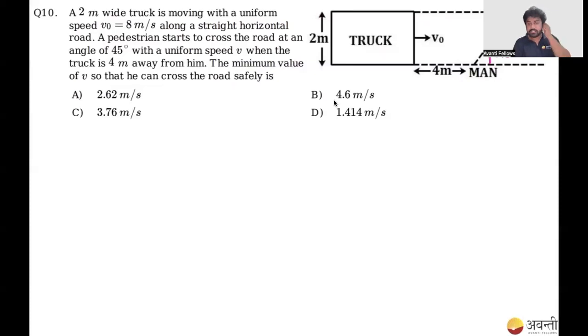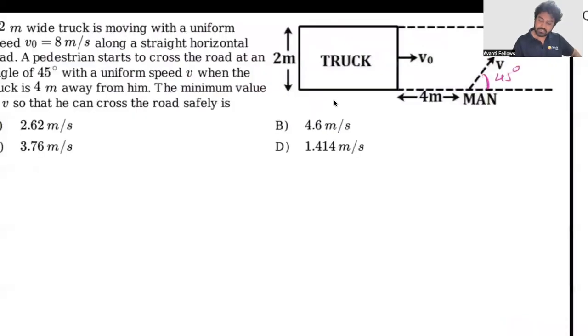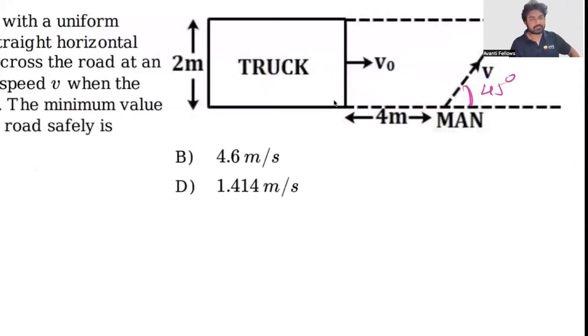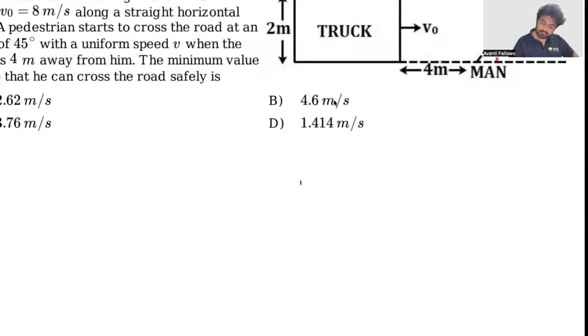Chalo, now let's proceed. So let us say that this man has reached at this point. I hope you can see the diagram. I'm making the final diagram. Look here, so this is the road, and the man has reached here.